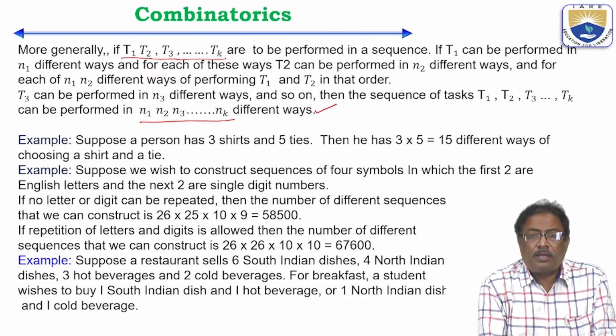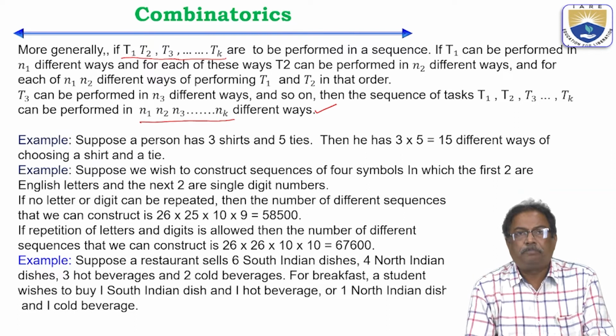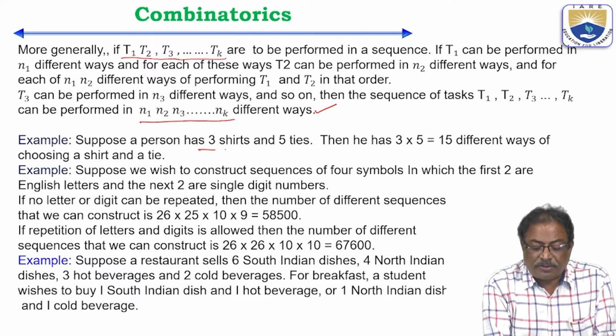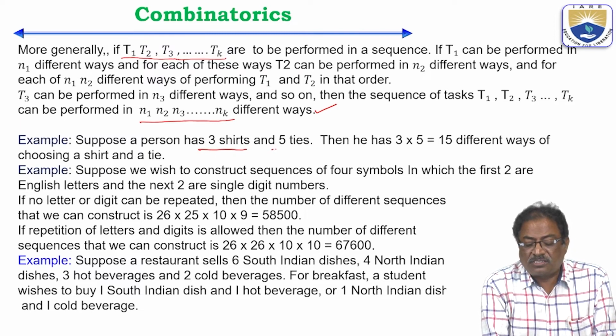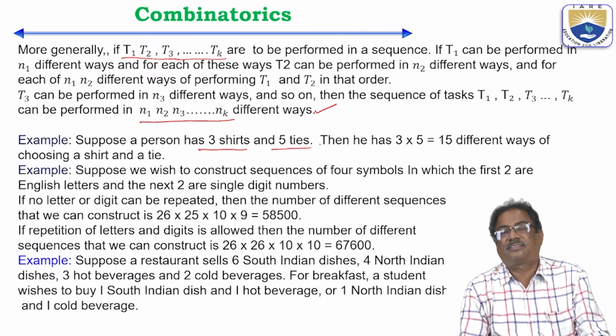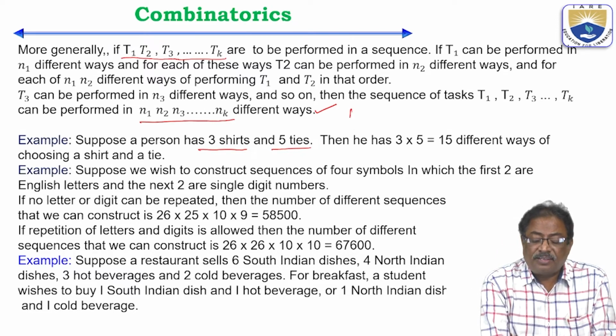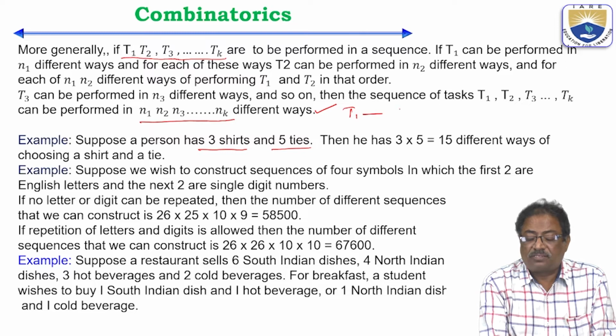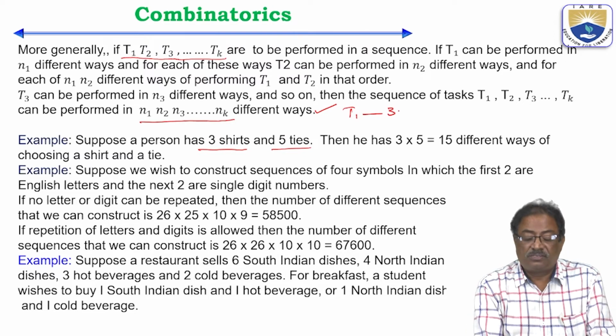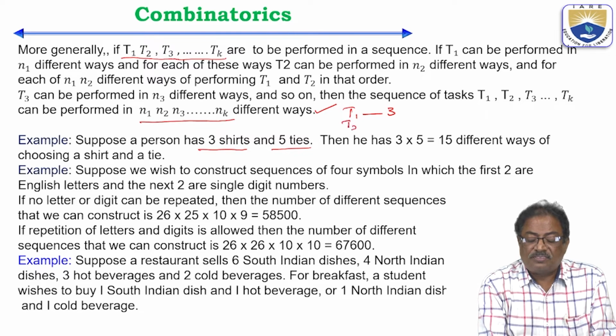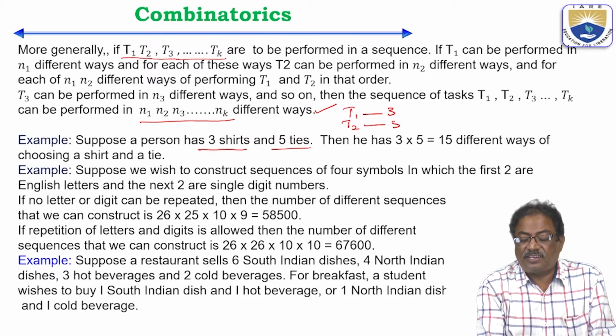Now the problems related to the product rule. Suppose a person has 3 shirts and 5 ties. Task 1 is selecting a shirt; he has 3 shirts. Task 2 is selecting a tie.